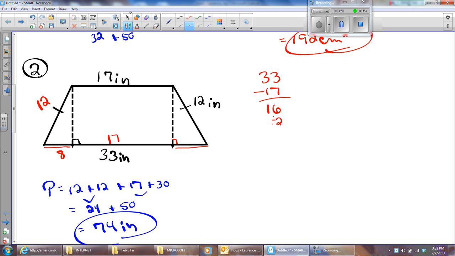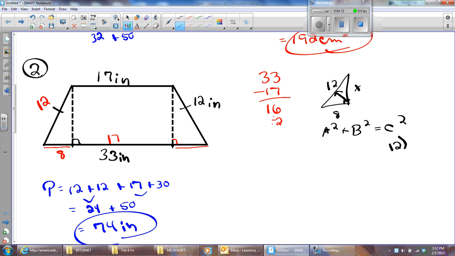Well, why is that important? Because I have a right triangle. My right triangle looks like this. And I know that this is 8, this is 12, that'll be x. And so I'll identify the hypotenuse, and I'll use the Pythagorean theorem.